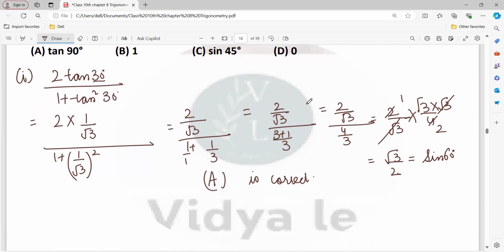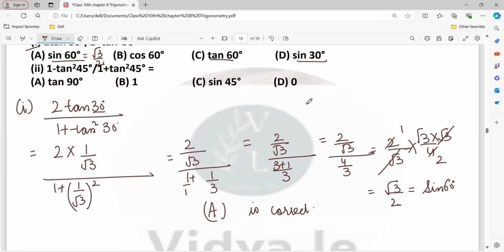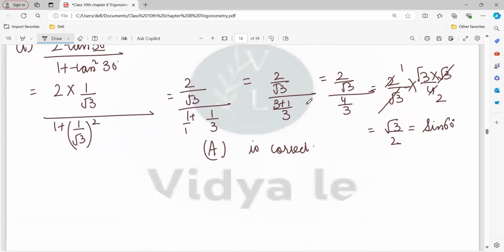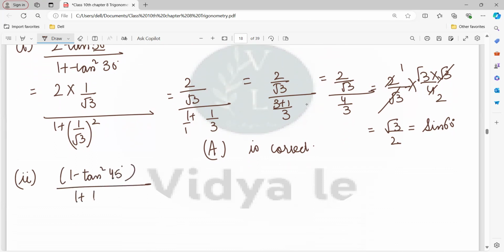Wonderful. Now, the next part we have is 1 minus tan square 45 upon 1 plus tan square 45. We know that tan 45 is 1. So we'll substitute the values of tan 45 in the numerator and in the denominator.